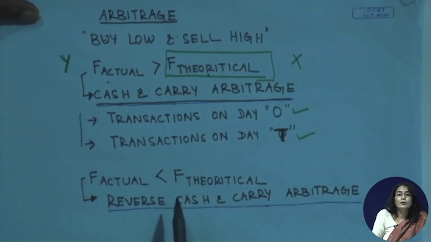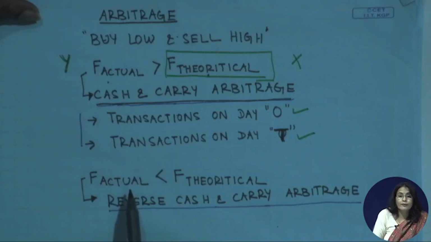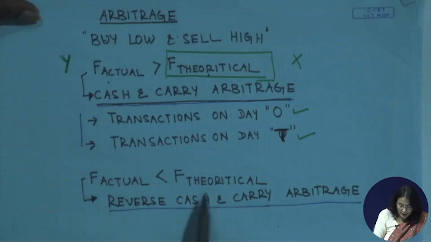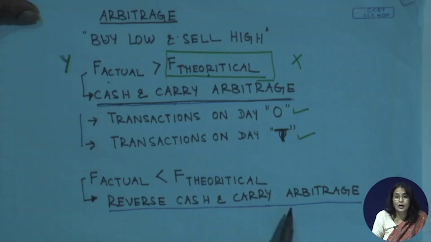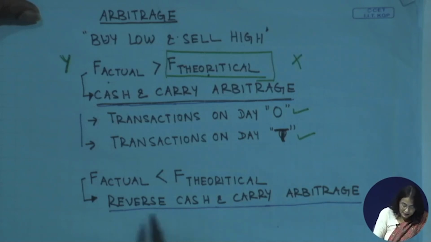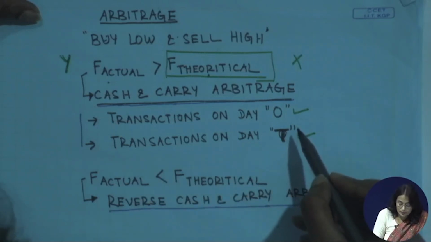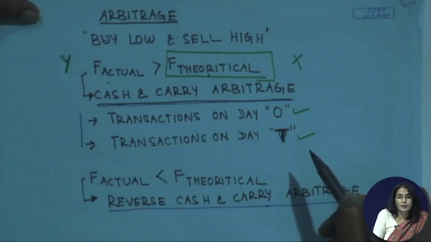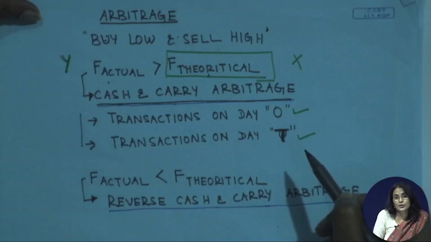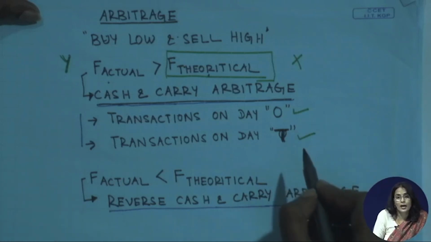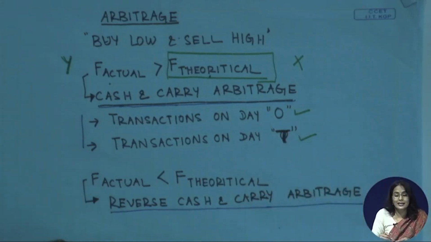Now suppose the reverse happens. If F actual, which is quoting in the market, is less than F theoretical, we will have reverse cash and carry arbitrage. We will be able to undertake reverse cash and carry arbitrage by doing certain transactions on day 0 as well as doing certain transactions on day t.